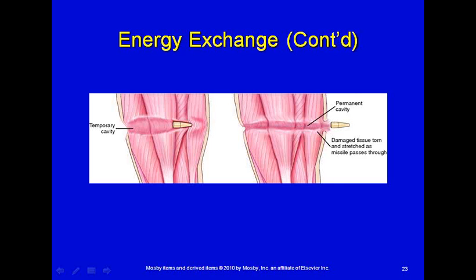Medium velocity projectiles, those that come from handguns, the cavity will be 5 times the size of the projectile. But when you're dealing with high velocity munitions, like with rifles, because of the speed of the projectile, the cavity is often 15 times the size of the projectile.